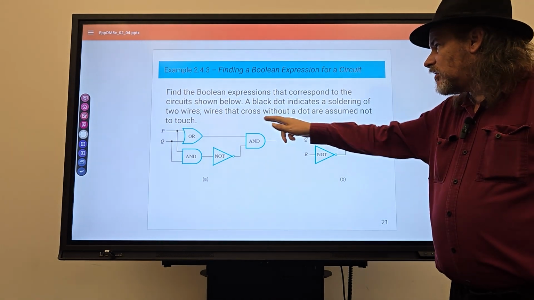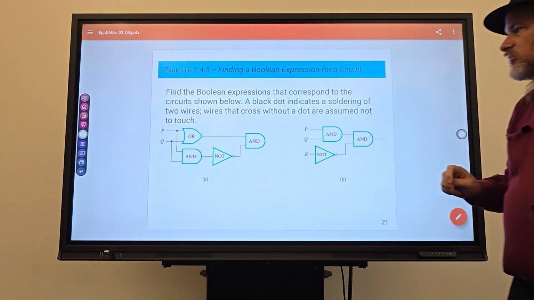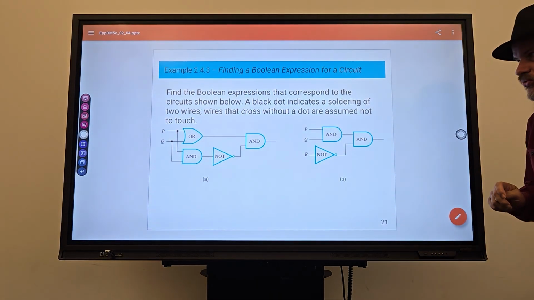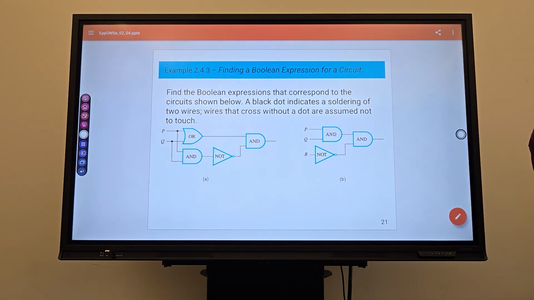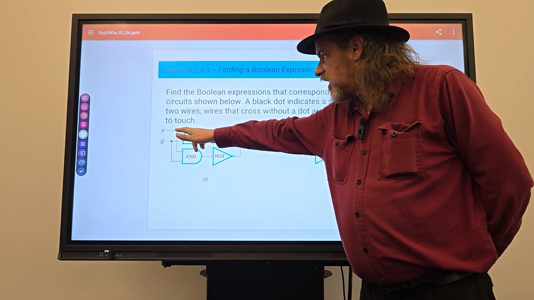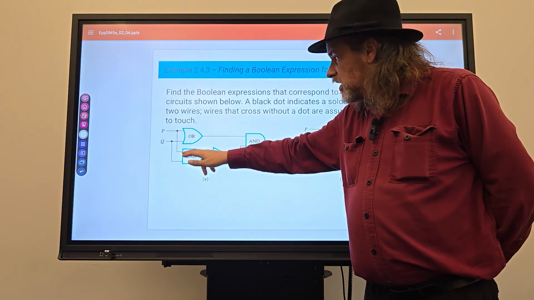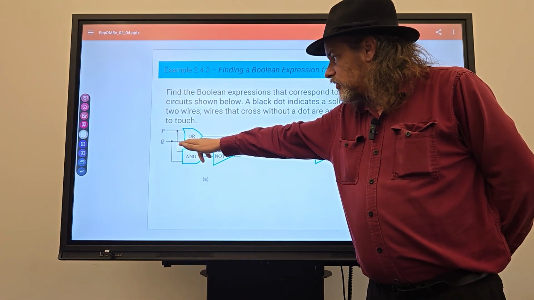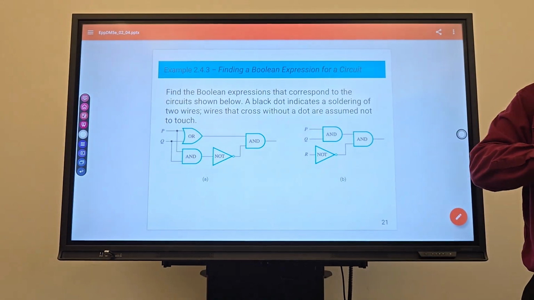Or in the case of circuits, 1s and 0s. So, find the Boolean expressions that correspond to the circuits below. In circuit diagrams, a dot indicates a connected wire. Where there is no dot and the wires cross, they don't actually touch.